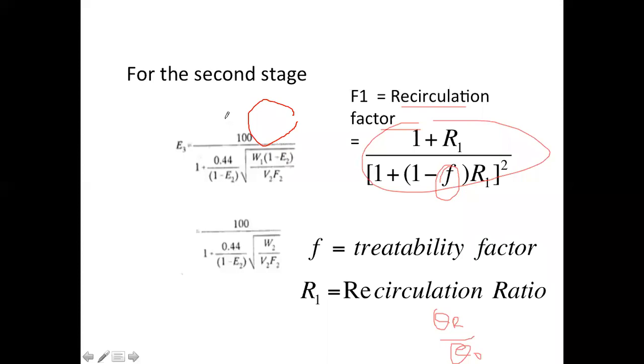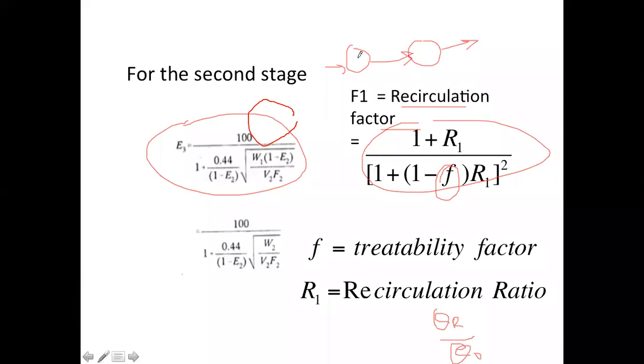However, for two stage trickling filter, we will calculate the efficiency of the second stage trickling filter. Suppose there are two trickling filters in series like this, as is clear on your screen. This is the first stage, and this is the second stage.